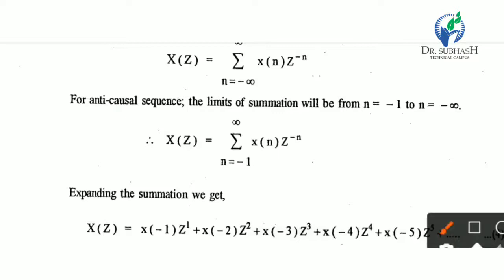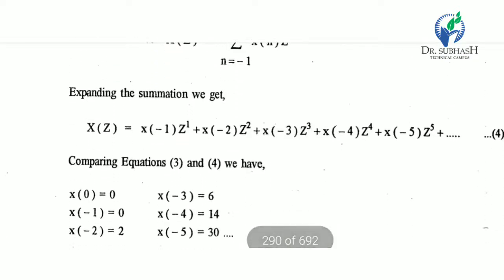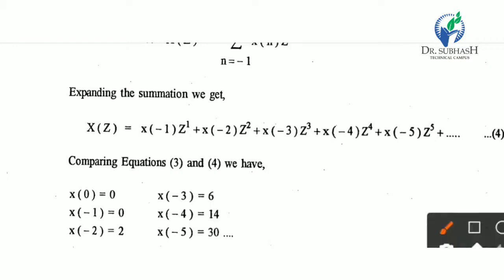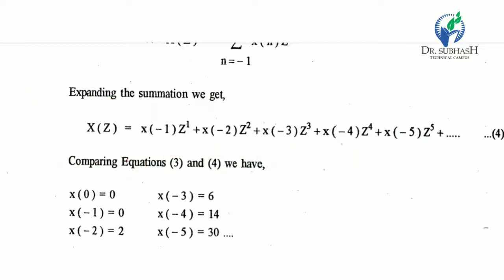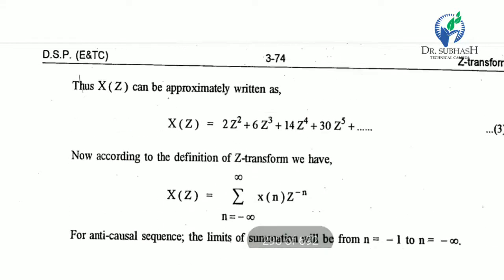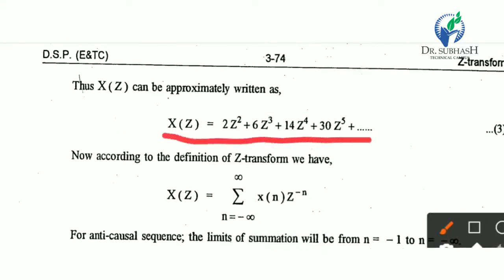So x of z equal to x of n z raised to minus n, and we expand. After expanding, we will get x of z equal to x of minus 1 z raised to 1 plus x of minus 2 z square plus x of minus 3 z cube, x of minus 4 z raised to 4. This equation we will compare with our equation after getting the division.